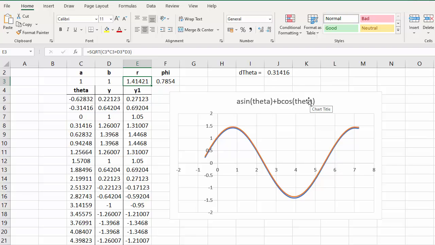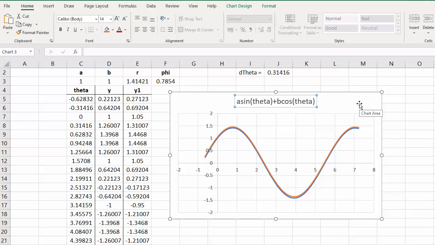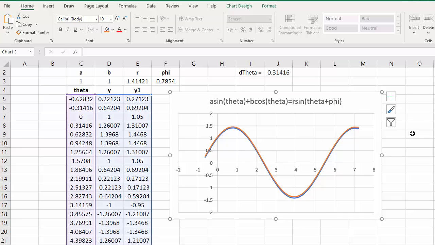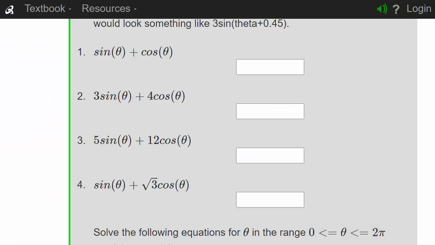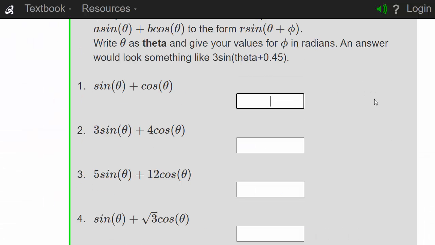So we can now change our caption and say that that is equal to r sine(theta plus phi). So we've now got two values, 1.41 and 0.79. So we can now put the values in, which is 1.41 sine(theta plus 0.79). And are we right?